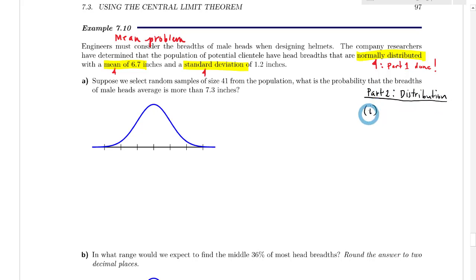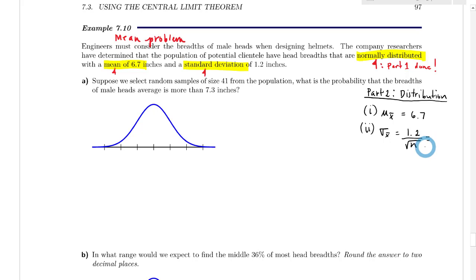So the first one was the mean. Remember the mean of the sampling distribution with respect to the sample means, right? That was given as 6.7. And the second part, the standard deviation with respect to the sample means, would be 1.2 divided by the square root of n.